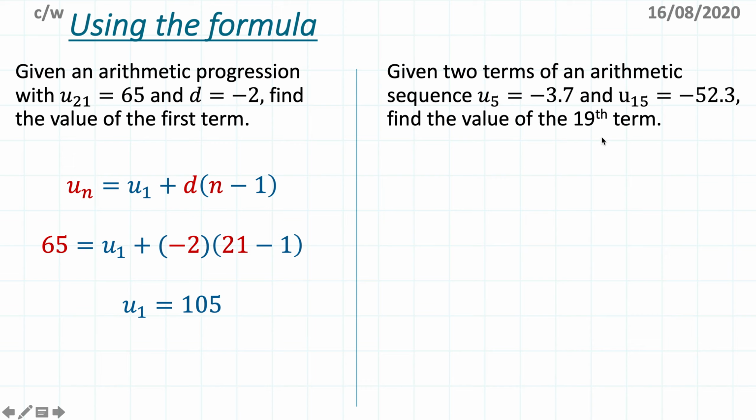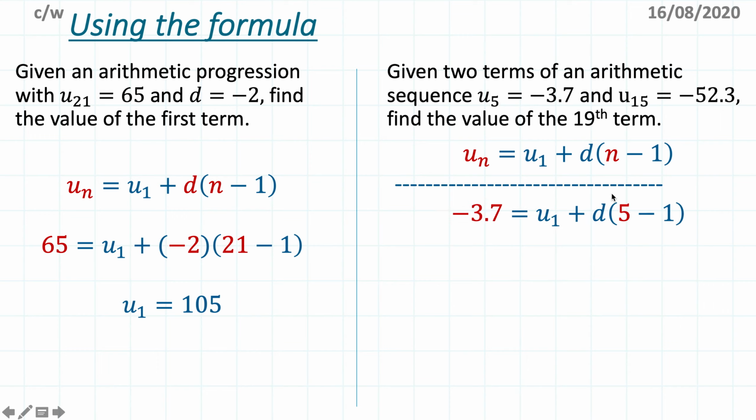Well, in order to find the 19th term, you actually need to know the first term and the common difference. So we don't have that, but let's try the information we have. From these two pieces of information, we have the term value and only their position. But we're missing u1 and the common difference to be able to find the 19th term. So let's find these two first, and then we're going to find the 19th term.